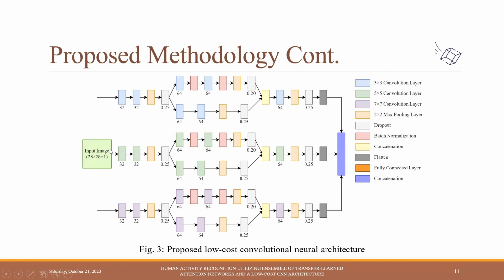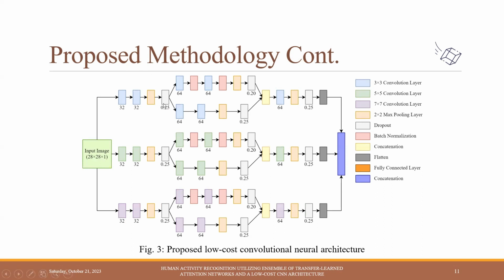So here you can see that we first take the input image that has a size of 28 by 28, and it's a grayscale image that we have already discussed in the earlier slides. So you can see that we have created 3 branches. For now, only focus on the first branch. If you understand the first branch, then you will easily understand the second and third branches.